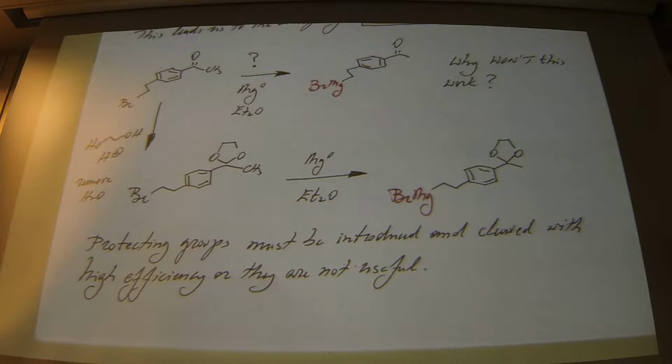So if a protecting group is going to be useful, the yields of introduction and cleavage have to be very high. Now, one thing that you probably would not think of is that in large molecules we have multiple protecting groups, right? More than one. Now, if I want to remove, say, 3 protecting groups, identical ones from a molecule, then this business of high yield becomes much more important, because if each one is cleaved with 99% efficiency, I end up with something like 97% overall efficiency.